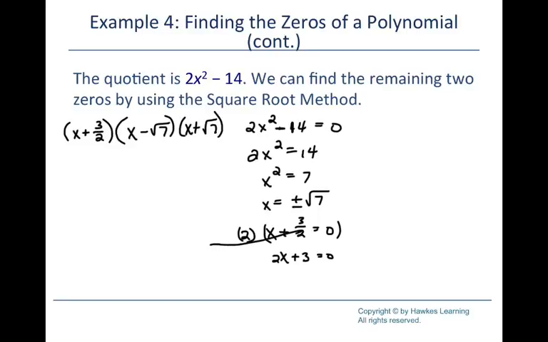So we could rewrite that instead of x plus 3 halves, we could write it as 2x plus 3, and then x minus square root of 7, and x plus square root of 7. And that would be our three factors. Okay, so let's take this off and look at theirs.